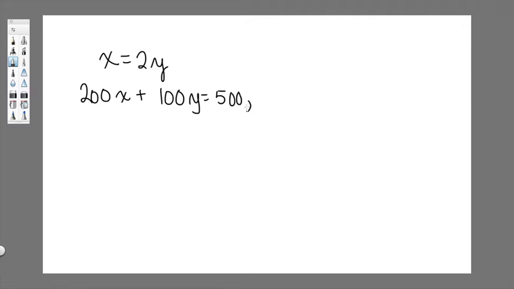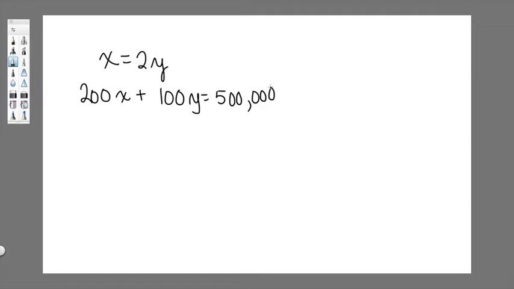Okay, so we have two equations. We have x equals 2y. We also have 200x plus 100y equals 500,000. Now I know this is a real world problem, so I know that we're talking about number of repair jobs. I know my answer cannot come out to be negative.